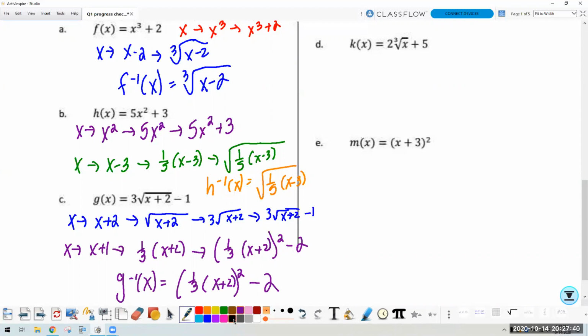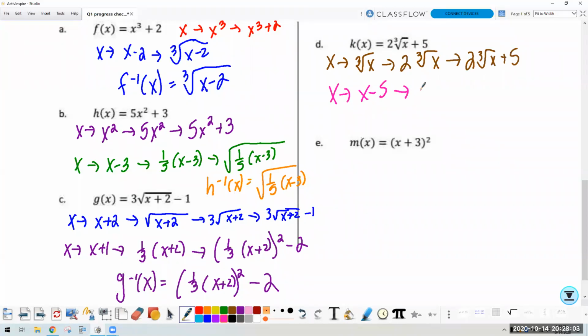All right, for part C, start with x. X was then taken the cube root, then multiply by 2, then add 5. So to undo backwards, to undo add 5, I subtract 5.